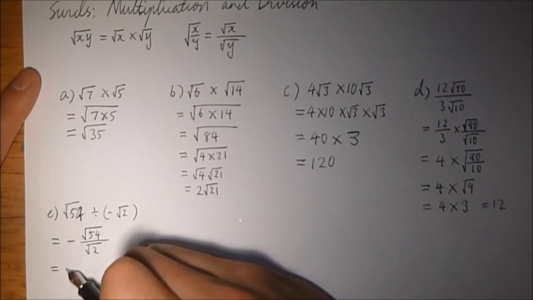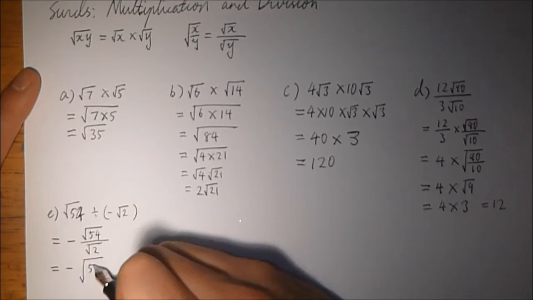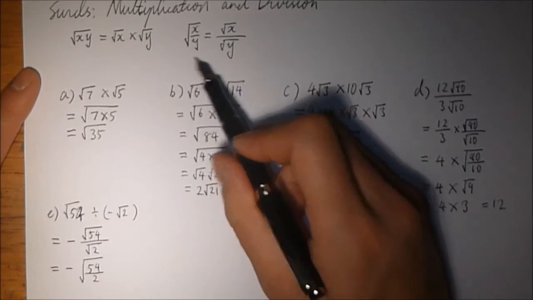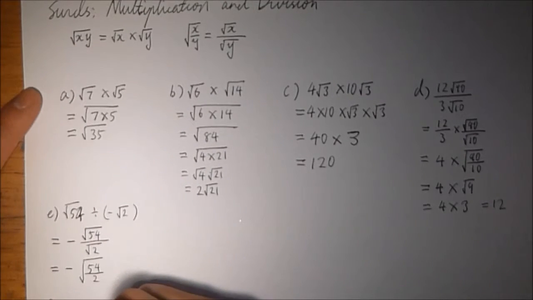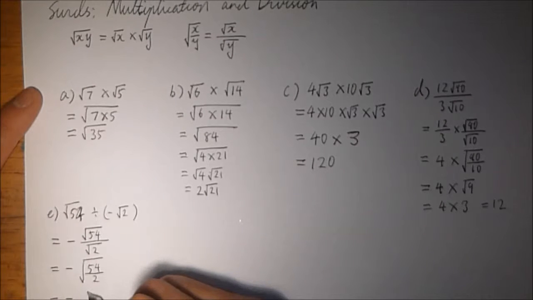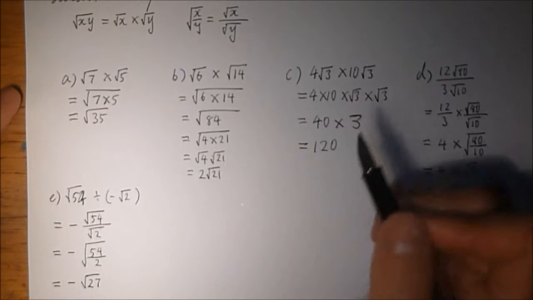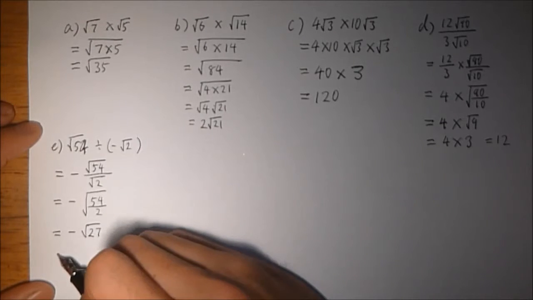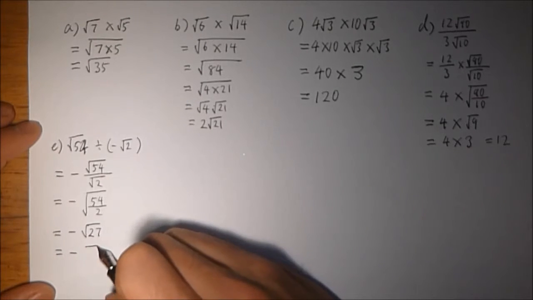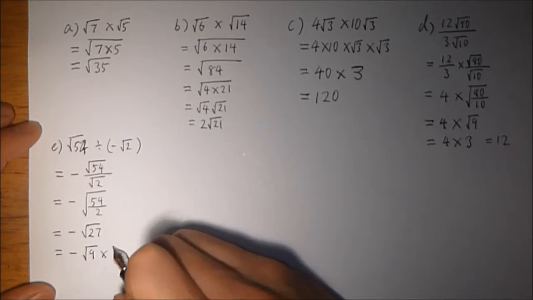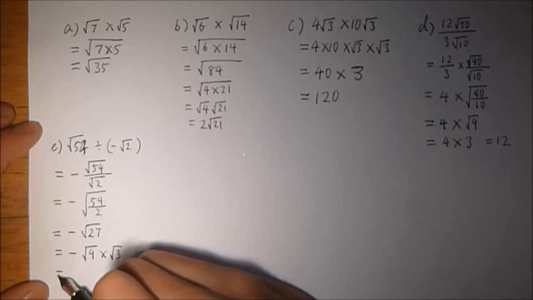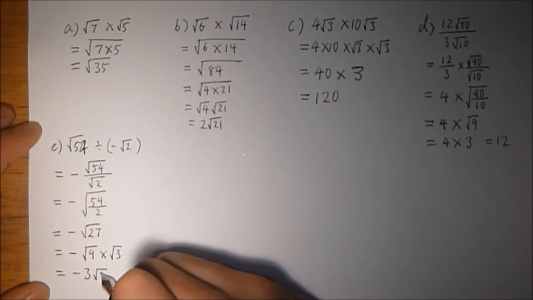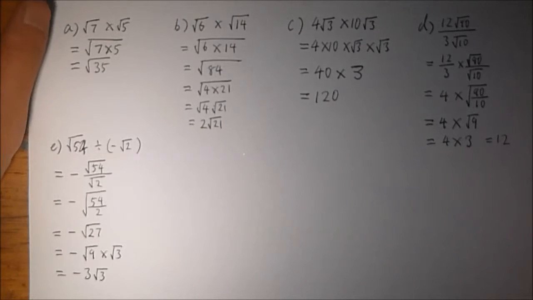And once again, if we look at this rule here, we end up with negative square root of 27. Obviously, 27 can be broken down into 9 times 3, and we end up with negative 3 times the square root of 3.